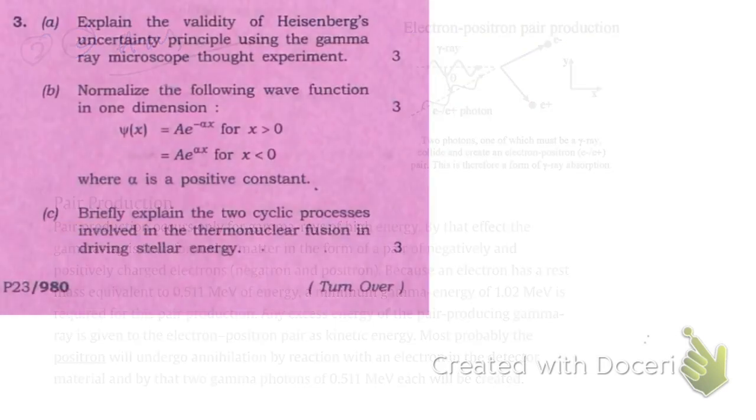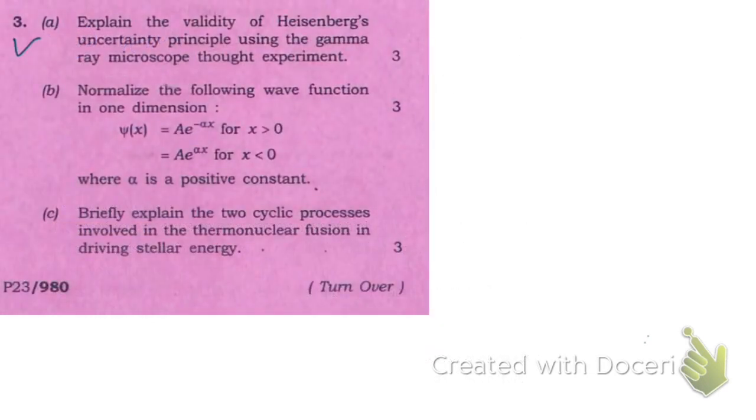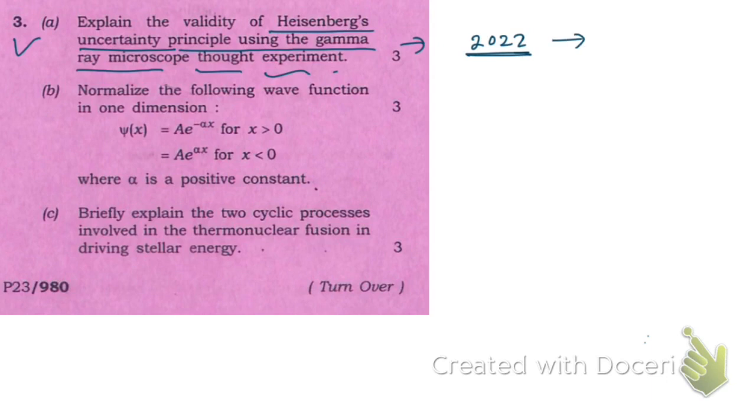Now question number 3A: explain the validity of Heisenberg's uncertainty principle using the gamma ray microscope thought experiment. This was done in the 2022 paper of C9, in question number 6A, where we got this same question, but it was given as a short note.